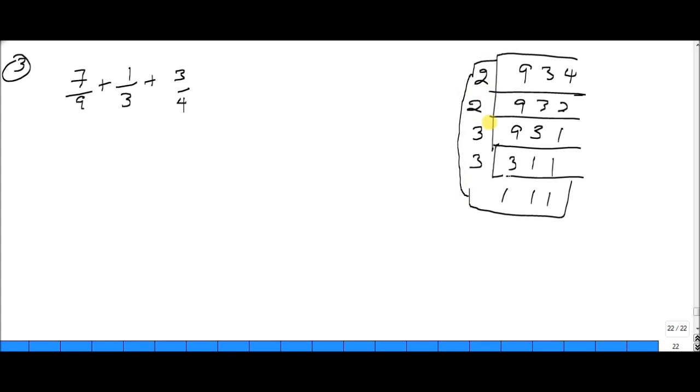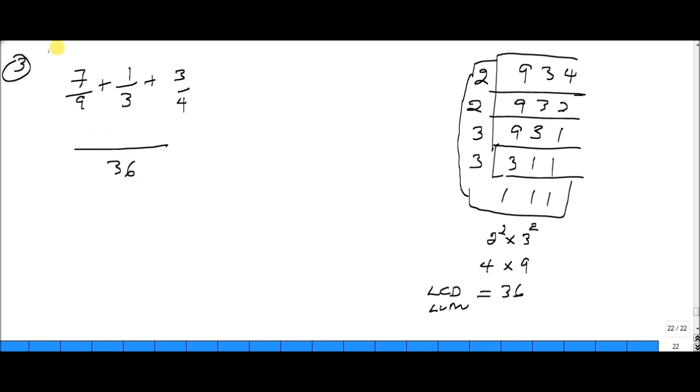Now we'll say 2 squared multiplied by 3 squared. 2 times 2 would be 4, and 3 times 3 would be 9. So 4 9s would be equal to 36. So our LCD, or the LCM, whichever you prefer, is 36.